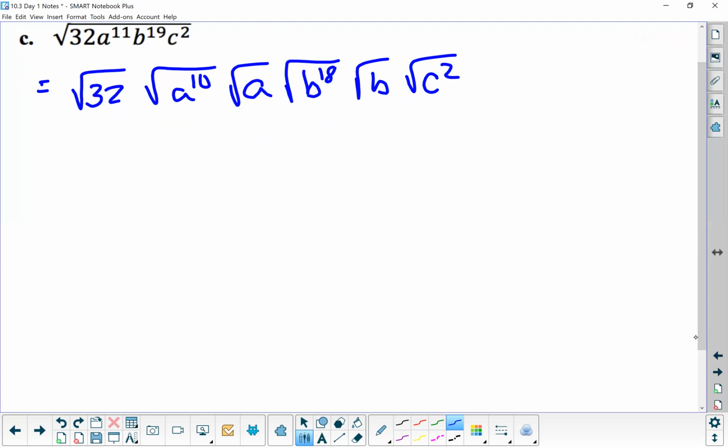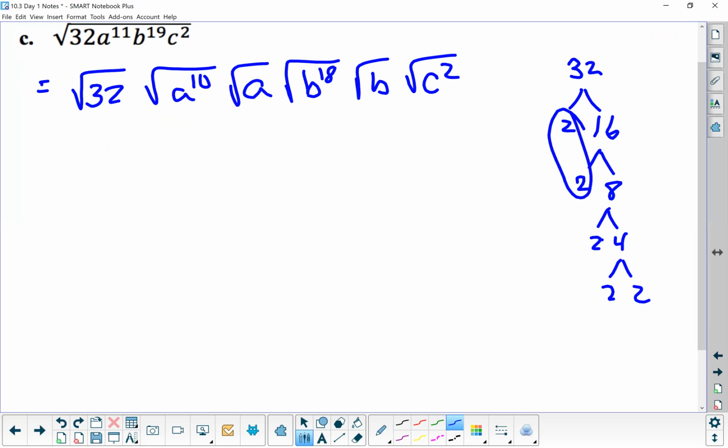All right. Factor tree for 32. 2 times 2 would be 4... 2 times 16. 2 divides into 16 8 times. 2 divides into 8 4 times. 2 divides into 4 twice. So we have one pair, another pair, and a factor without a pair. So 2 times 2 is 4.